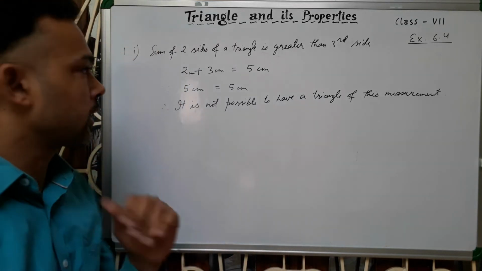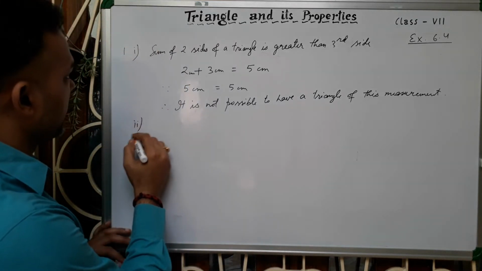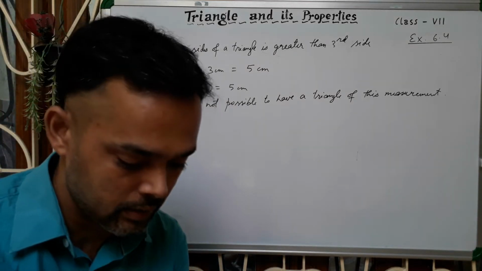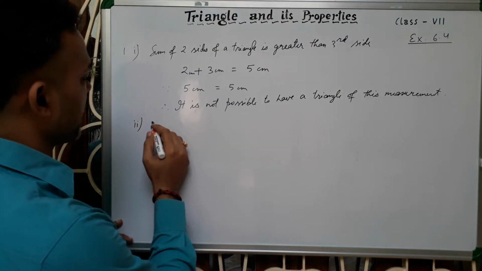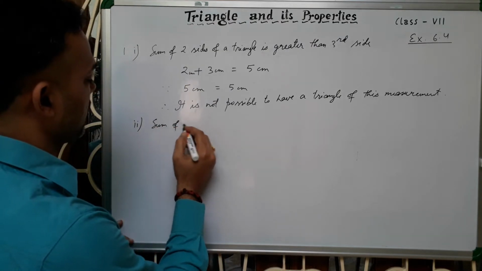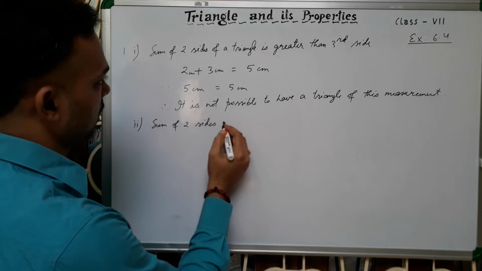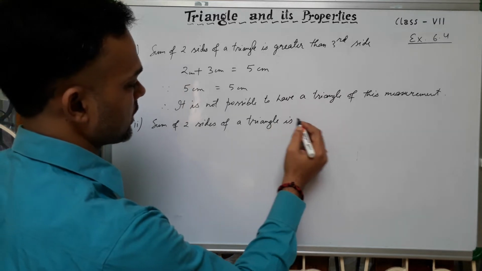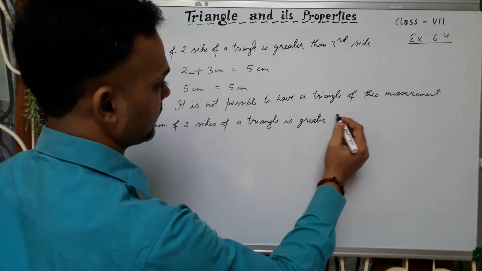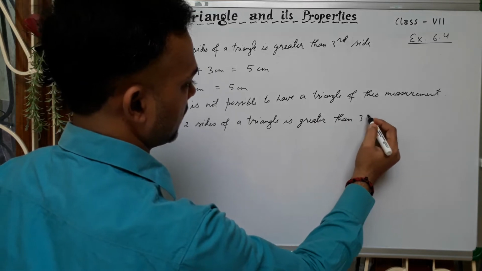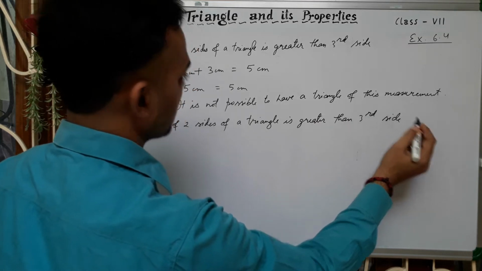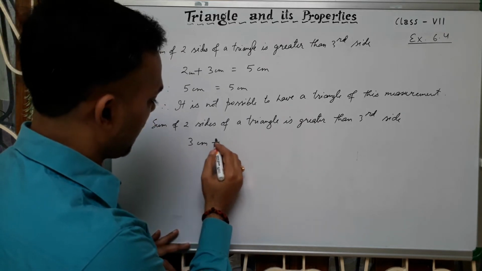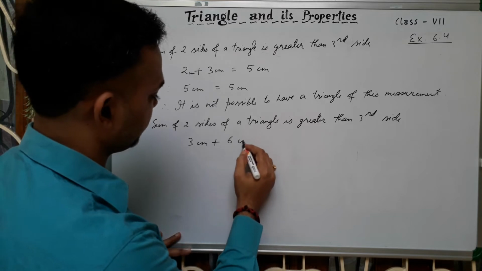After the first part, let us do the second part. In the second part, the sides are 3 centimeter, 6 centimeter and 7 centimeter. So once again mention the reason: the sum of two sides of a triangle is greater than the third side. Here the sides are 3 centimeter and 6 centimeter.